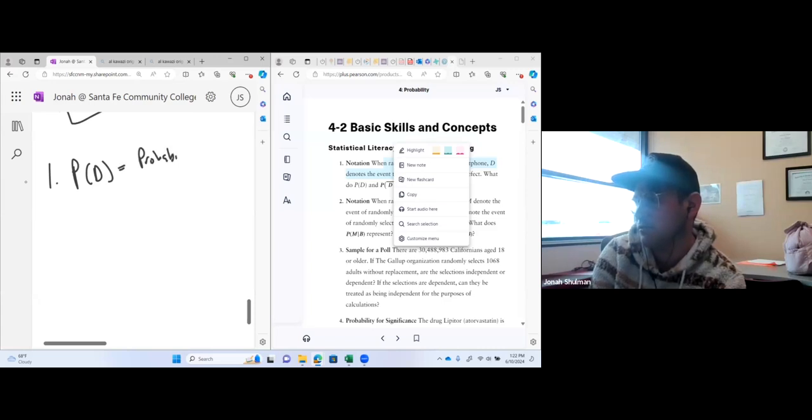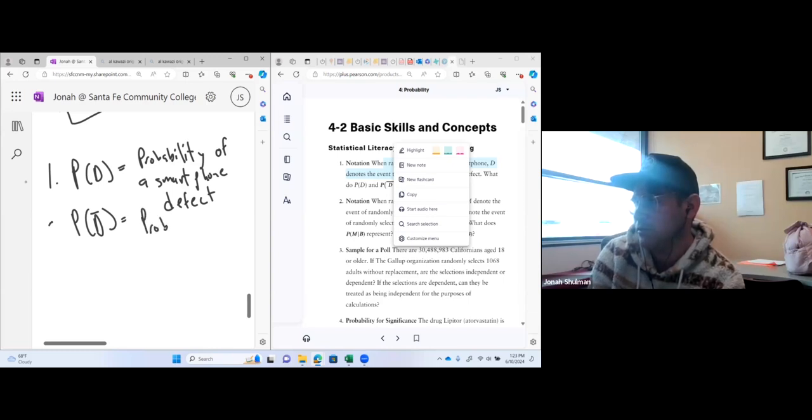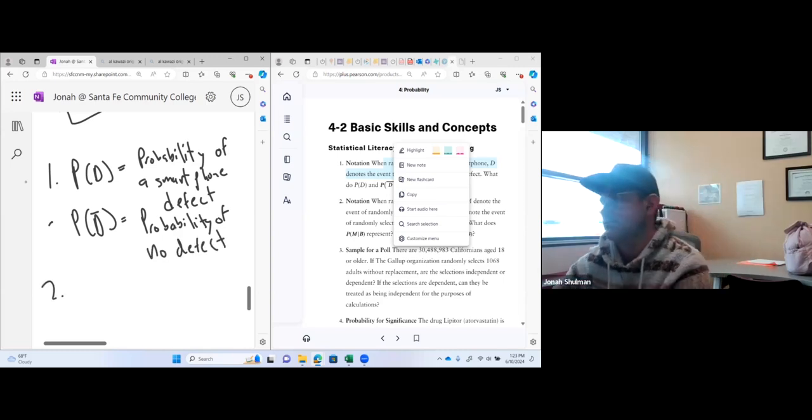Probability of a smartphone defect. And what is P with the line over it? This is not D. Probability of no defect. Nothing too crazy. All right, let's jump to number 2.